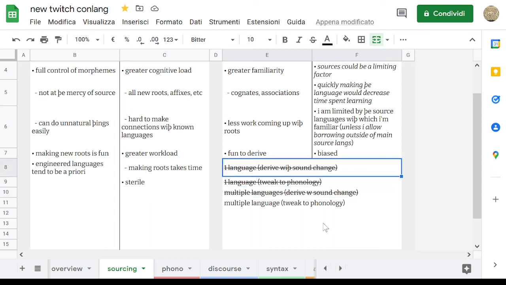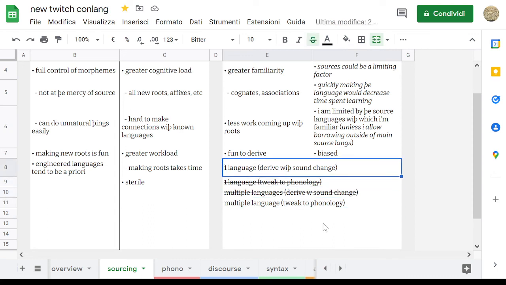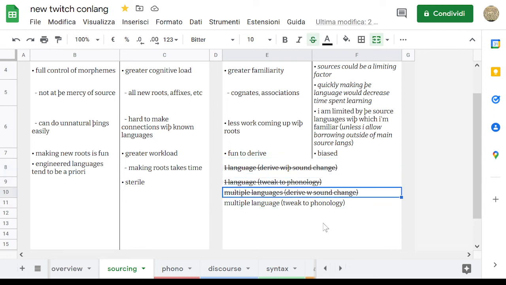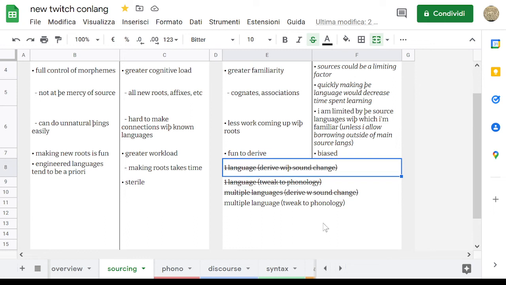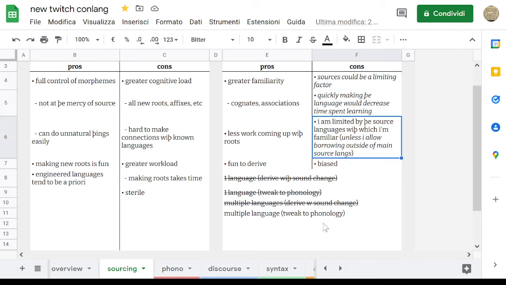I could have one language I derive from, but multiple that I tweak from and borrow from regularly, to the point where they kind of have equal representation in the language. It's just that one is the main one it's descended from, but it borrows heavily from these others, and then occasionally borrows from ones that aren't included in those others.